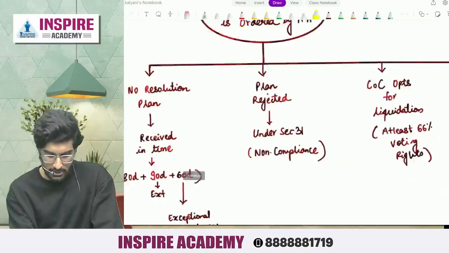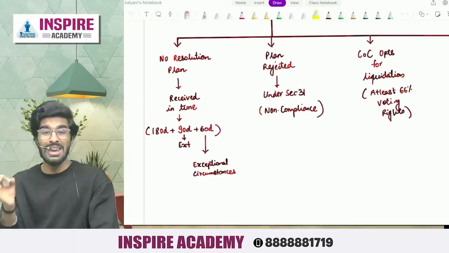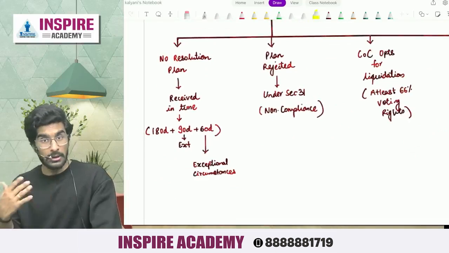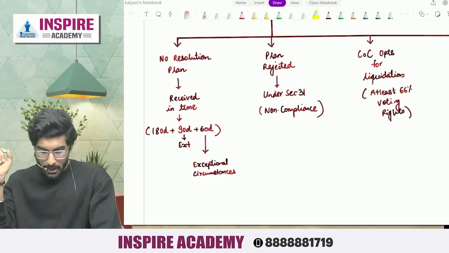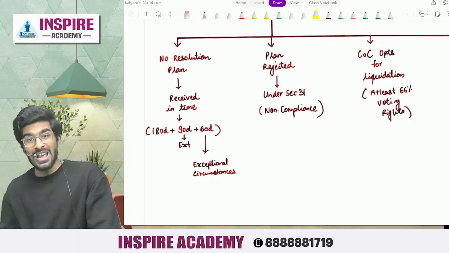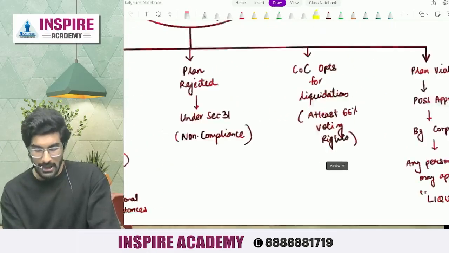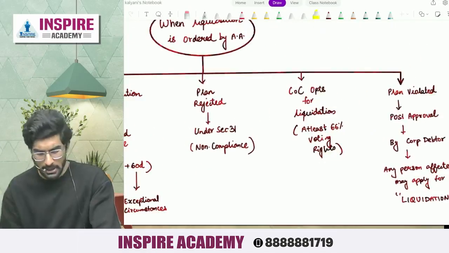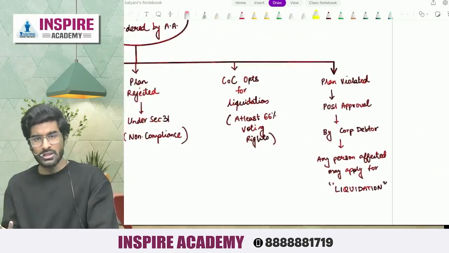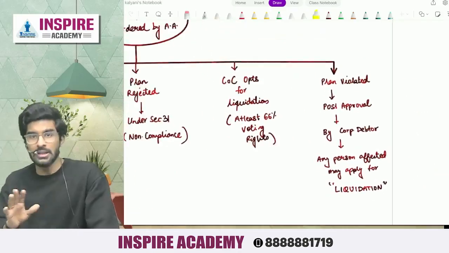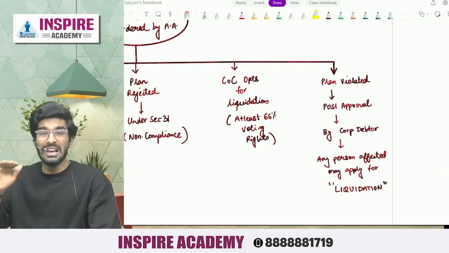Okay. Now next people, under what situations liquidation can be ordered by NCLT? 4 situations. If you have not received any resolution plan on time, number one. Next is people, whatever plan has been submitted, that plan has been rejected by the NCLT for non-compliance. Number three is people, COC, Committee of Creditors themselves are saying that we want this company to be liquidated.